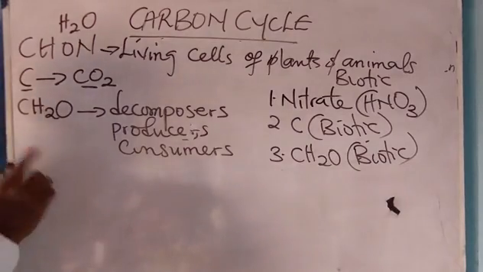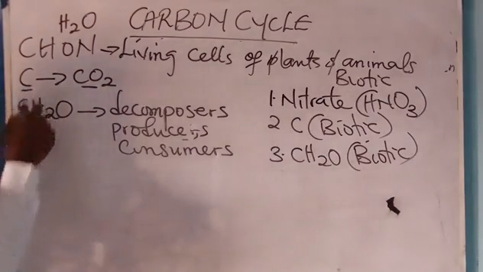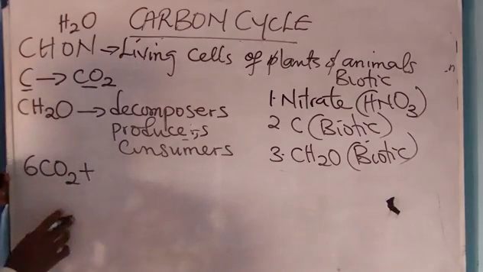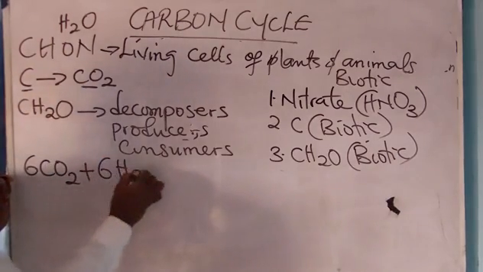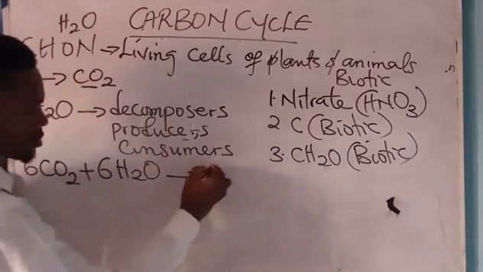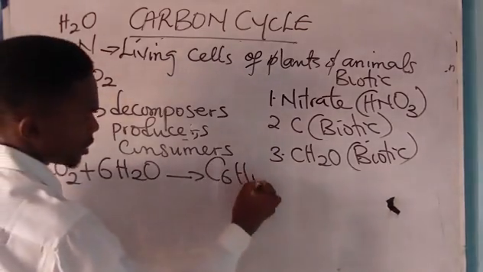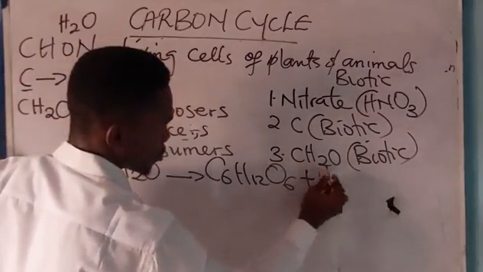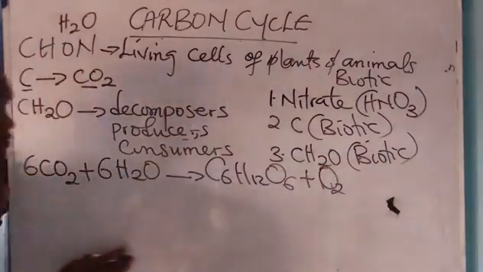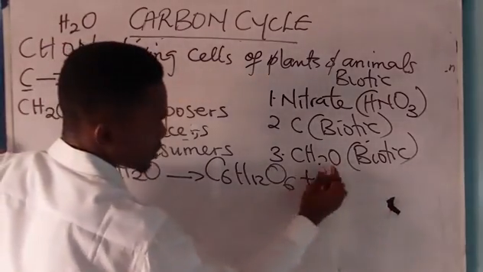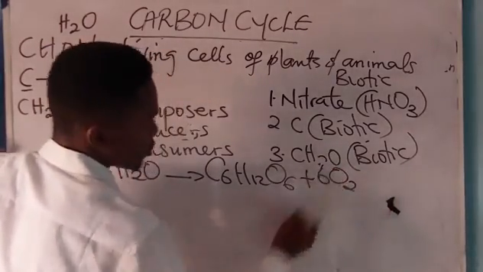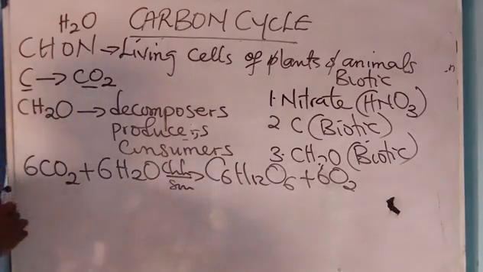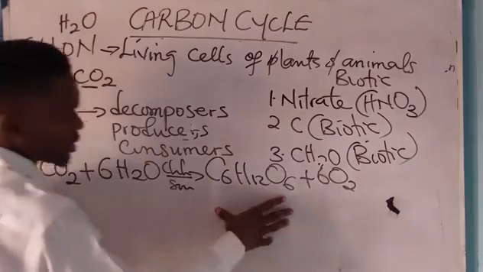Now, as carbon dioxide is released to the atmosphere, for example, if a plant uses carbon dioxide in the presence of water, you are going to have C6H12O6 plus 6 moles of oxygen. Here you have chlorophyll and sunlight, so this is a photosynthetic process.